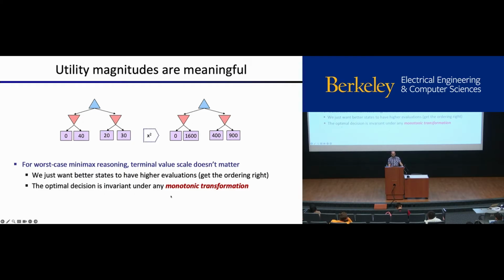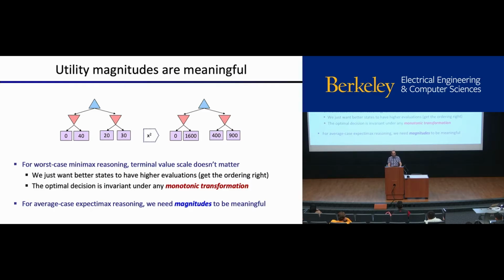So the optimal decision is invariant under any monotonic transformation for minimax trees. That is a transformation where order is preserved. So if y is greater than x, then f of y is greater than f of x. Let's see, if y is greater than or equal to x, then f of y is greater than or equal to f of x, I think I should have said.